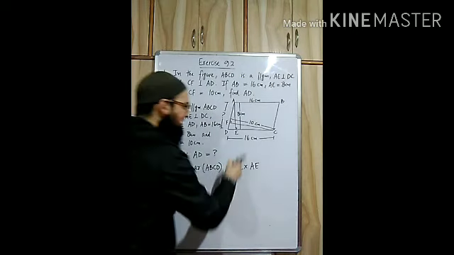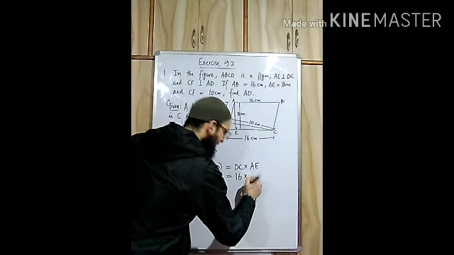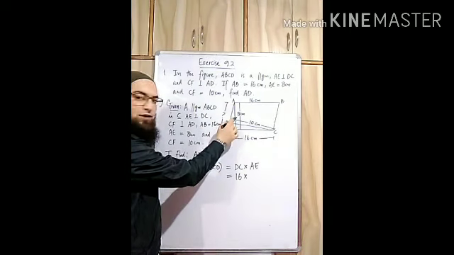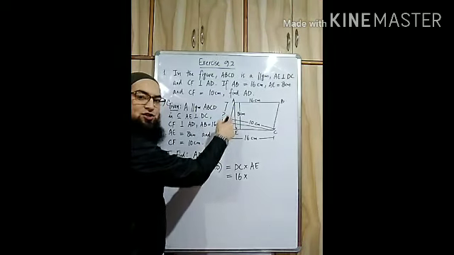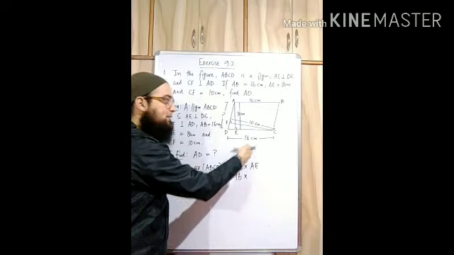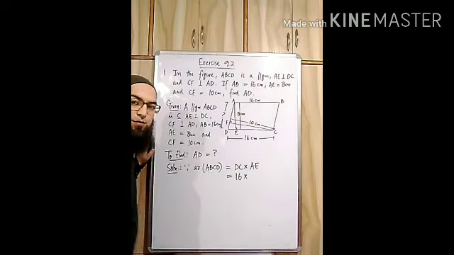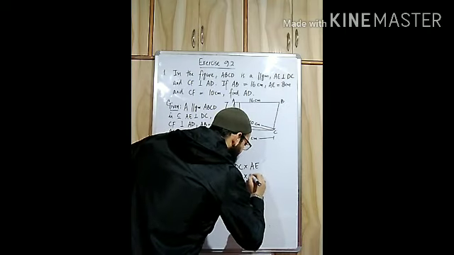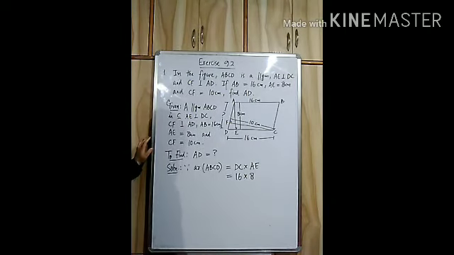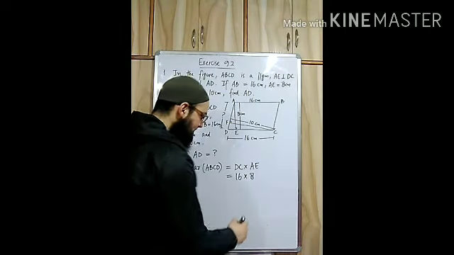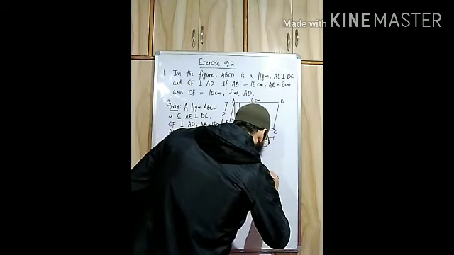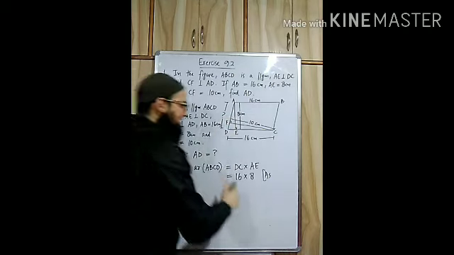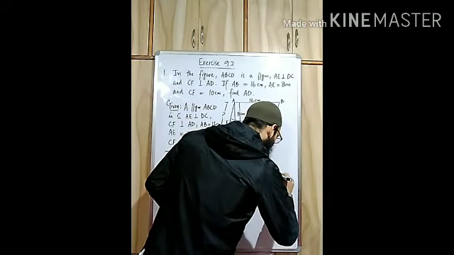Which is equal to DC is how much? DC is 16 times AE is how much? AE is 8 centimeter. It's already given. DC is 16 because opposite sides of a parallelogram are equal. So 16 times 8. Here you can write the reason as AB is equal to DC.